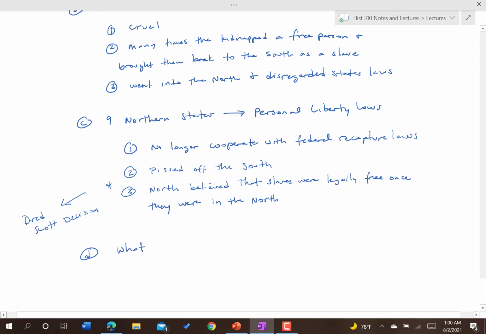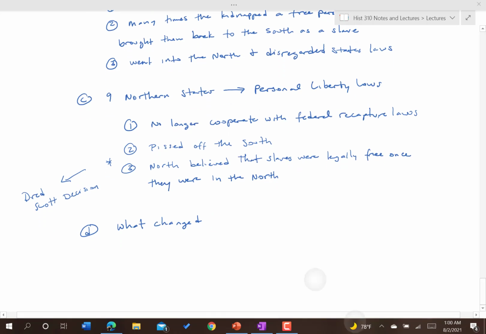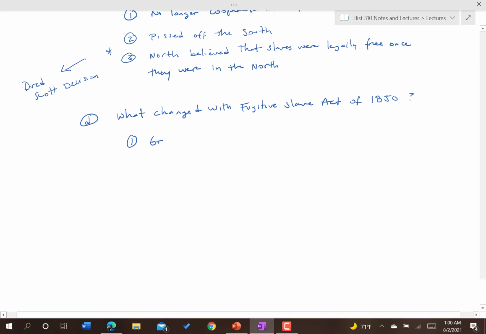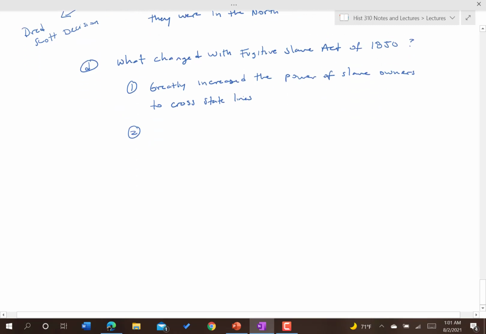So what changed, right? Because there was already a Fugitive Slave Act. So what changed with the Fugitive Slave Act of 1850? Well, one of the things that it did is it greatly increased the power of slave owners or slave catchers to cross state lines and not have to follow state laws and rules.